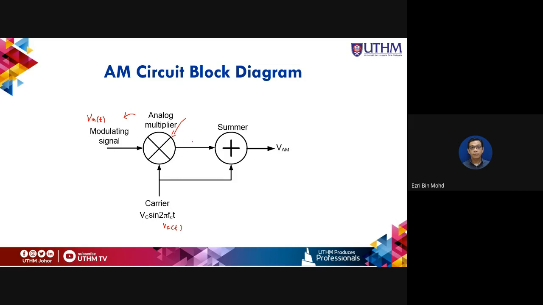Then the product of the multiplier is added to the carrier itself to produce the AM wave. So at least we need an analog multiplier and an adder to produce conventional amplitude modulation, double sideband full carrier.